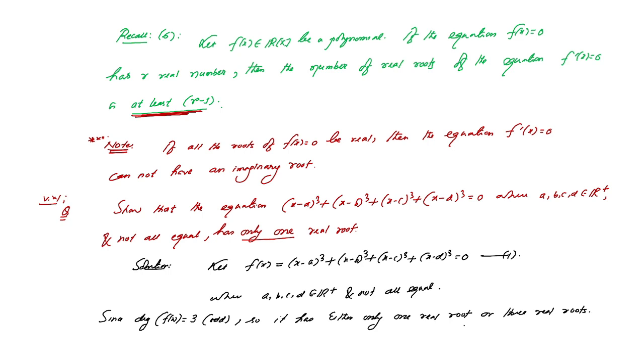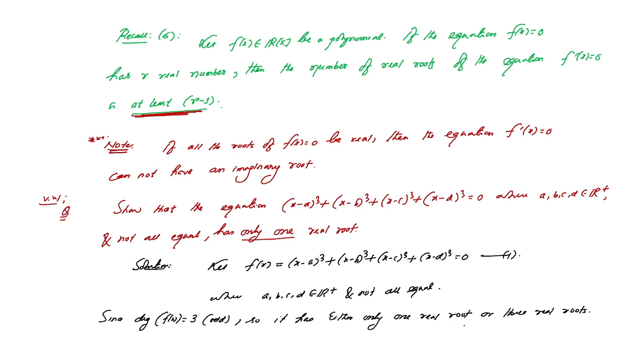Why not 2? If 2 roots are real and the degree is 3, the other root would be imaginary. But imaginary roots occur in conjugate pairs, so in that case the number of roots will be 4. That is not possible because the number of roots cannot exceed the degree. So obviously there are two possibilities, either exactly one real root or 3 real roots.